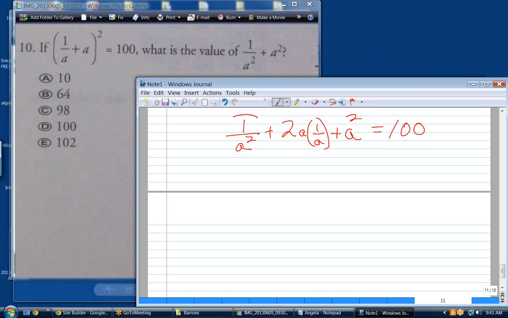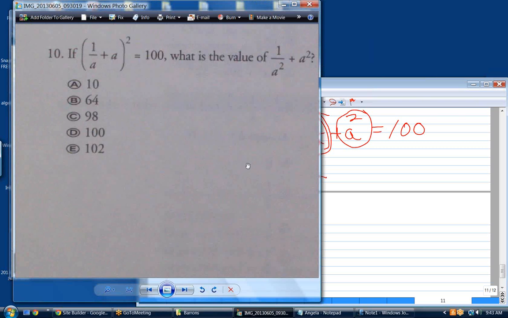Well, they're asking about the sum of this plus this. So if we can figure out what this is, we'll know. Okay, and that's 2. So the sum of the other two is what? 98. Yep.